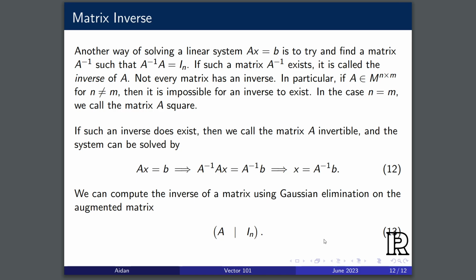Yes, you can solve linear systems when the matrix does not have an inverse, sometimes. In particular, for instance, the matrix where all the entries are zero. There is a solution for the system 0 times x equals 0.